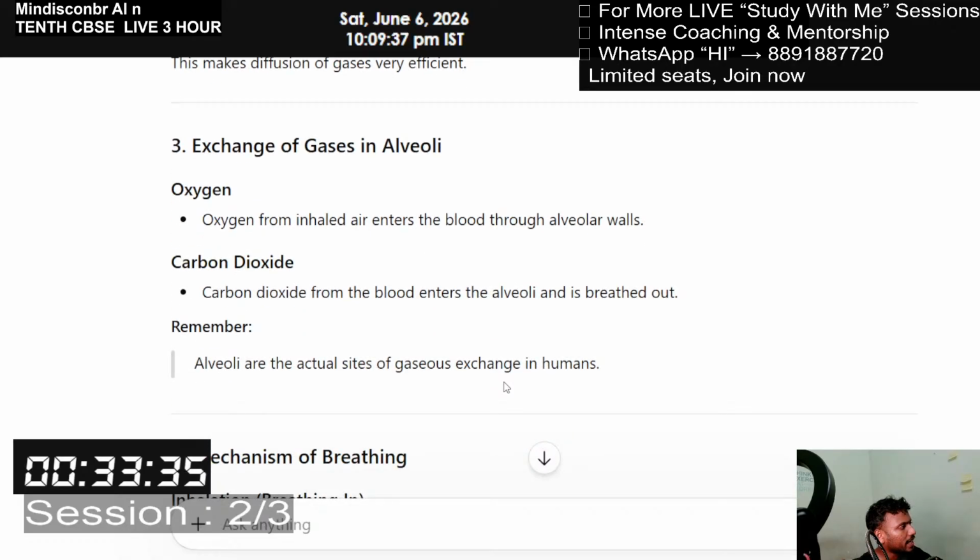Oxygen from inhaled air enters the blood through alveolar walls. Carbon dioxide from the blood enters the alveoli and is breathed out. Remember, alveoli are the actual sites of gaseous exchange in humans.